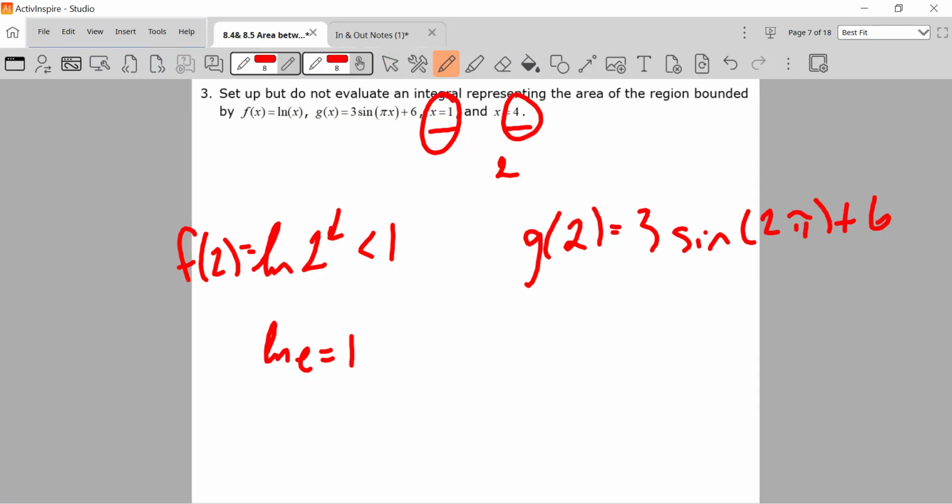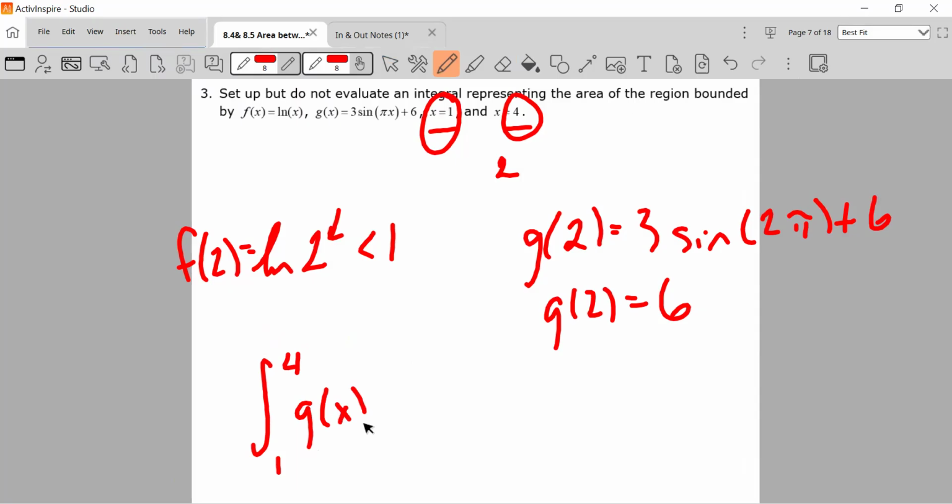Oop. The sine of 2 pi is 0, so G of 2 is just equal to 6. 6 is bigger than 1, so G of x is on top. Now again, watch, this asks me to write but don't evaluate. So I'm going to just say integral from 1 to 4, and this will be G of x minus f of x dx.